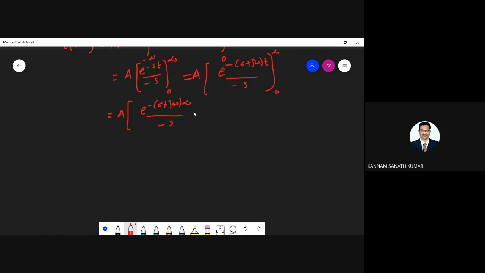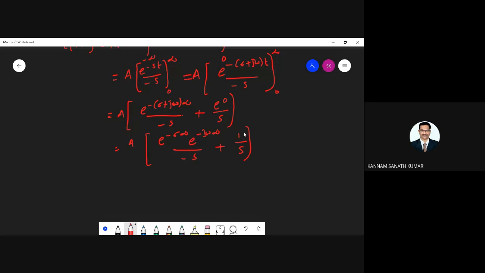Minus into minus is plus, so plus e power 0 by s. So we can write this as A into e power minus sigma into infinity, e power minus j omega into infinity, by minus s, plus e power 0, which is 1 by s.